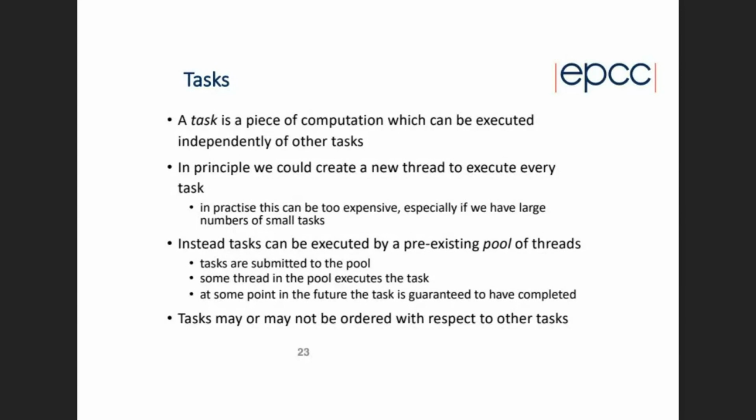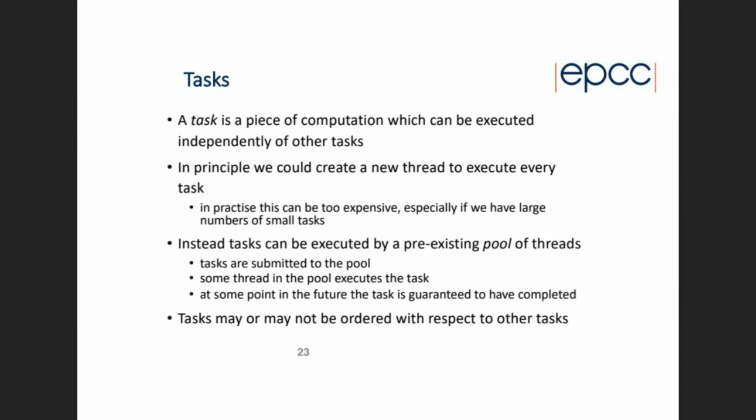With the idea that different threads can execute different tasks at the same time. So in principle, what we could do is create a new thread to execute every task. Conceptually, we could have a one-to-one mapping between these independent pieces of computation and the actual threads.